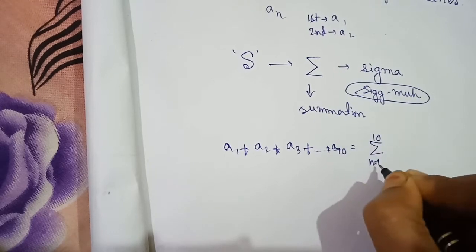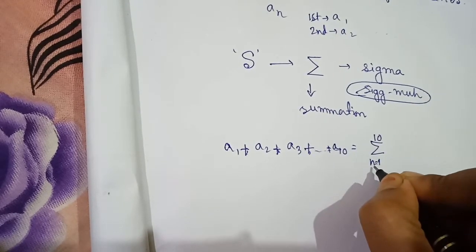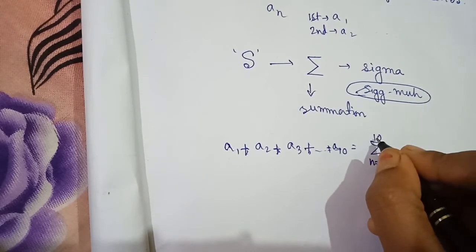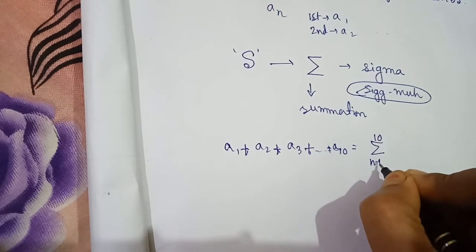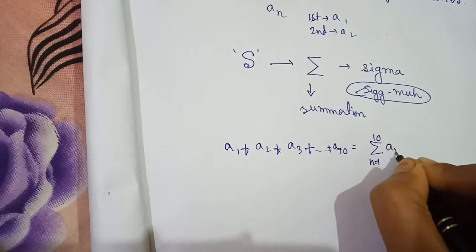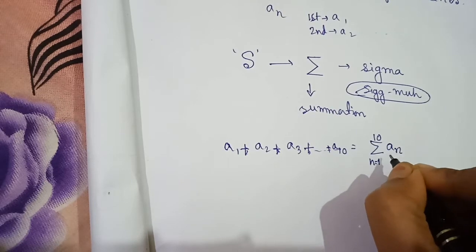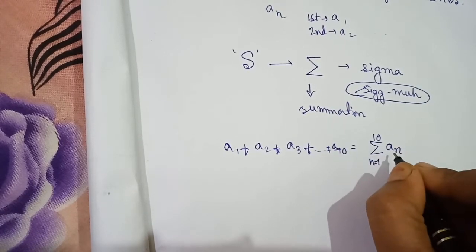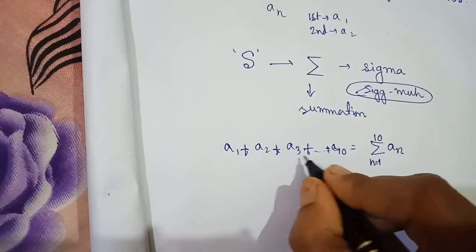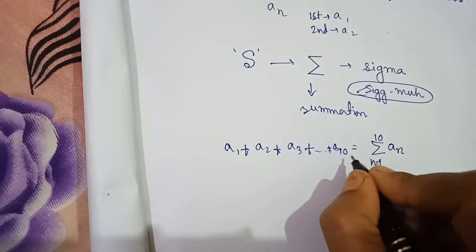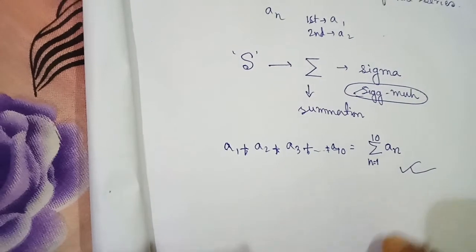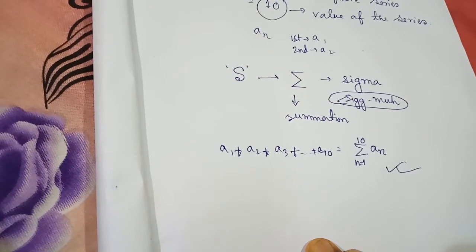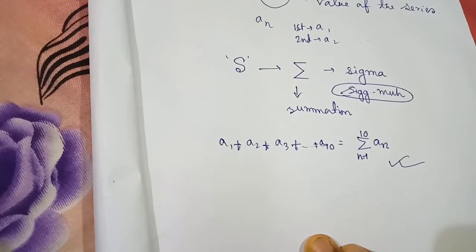This is the lower limit of n and this is the upper limit of n, and the general term is a_n. So sigma n equals 1 to 10 of a_n means a1 plus a2 plus a3 plus dot dot dot up to a10. So this is the basic concept of a sequence and series.